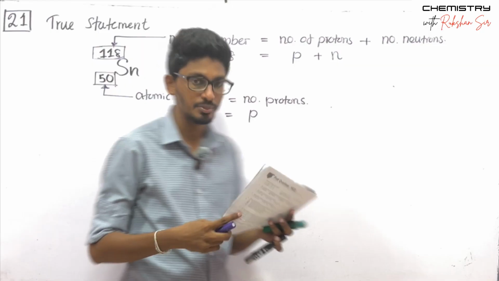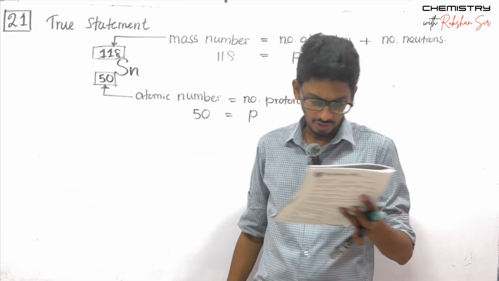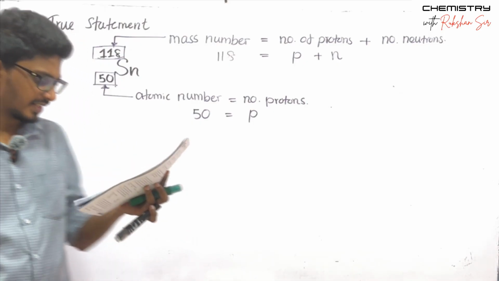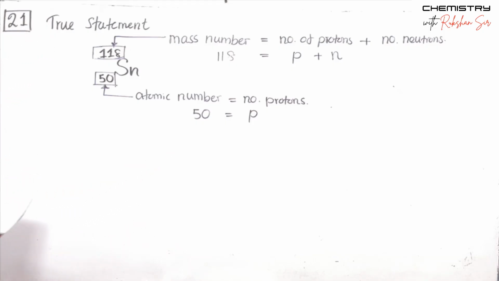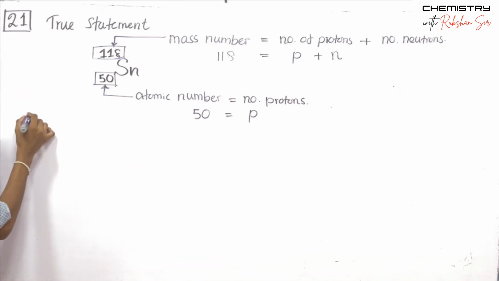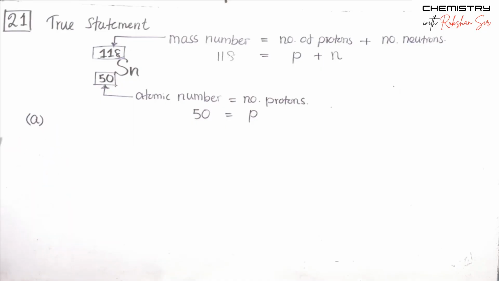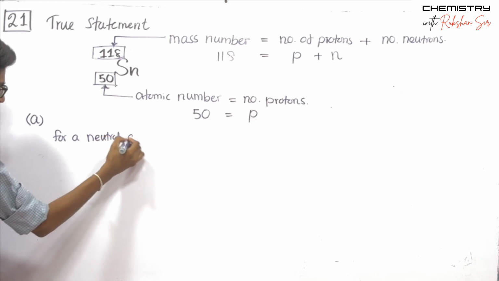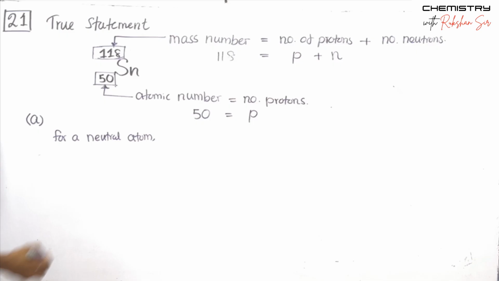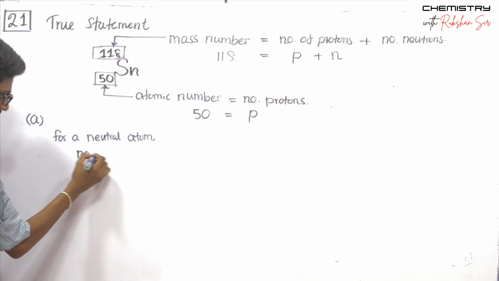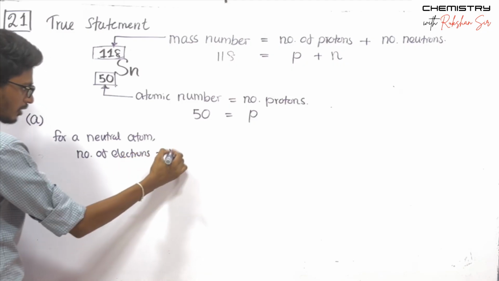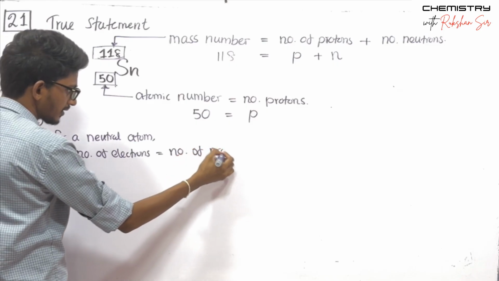Okay, so let's approach the question. Which of the following statements is true for an atom of tin-118? Statement A: it has 50 electrons. For a neutral atom, the number of electrons is equal to the number of protons.